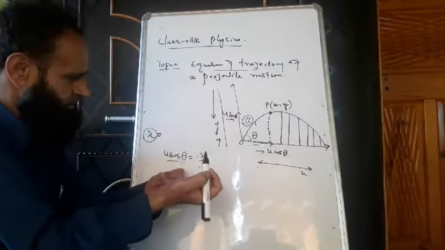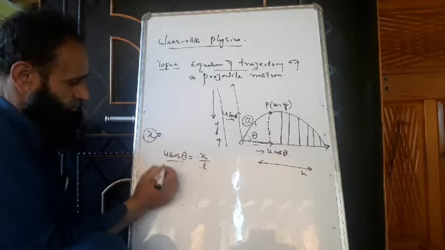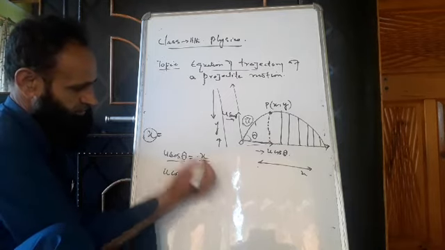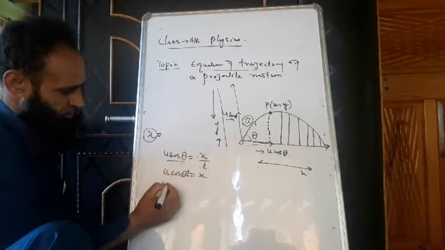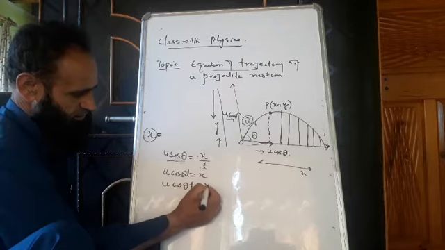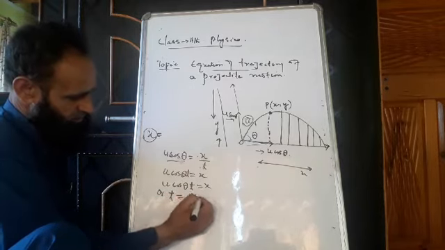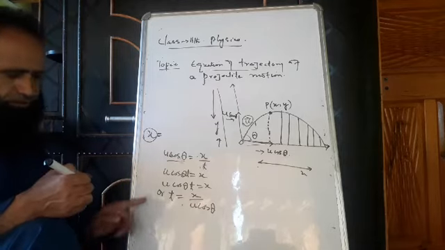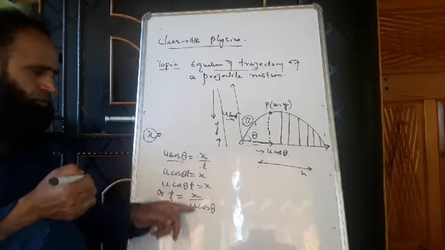So u cos theta is equal to x divided by t, so u cos theta into t is equal to x, or t is equal to x divided by u cos theta.